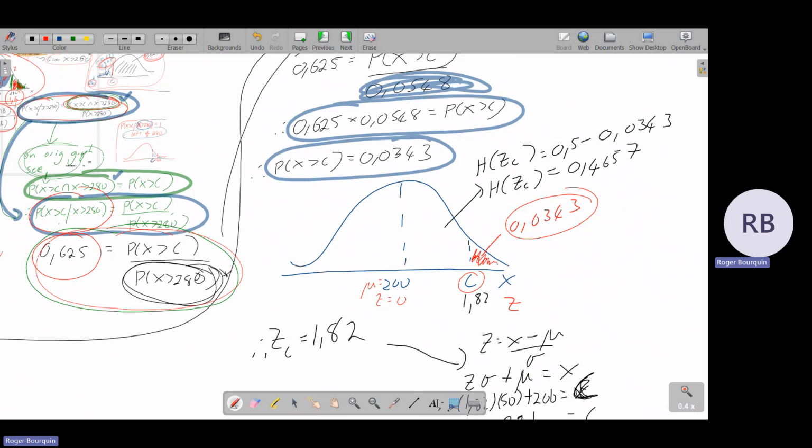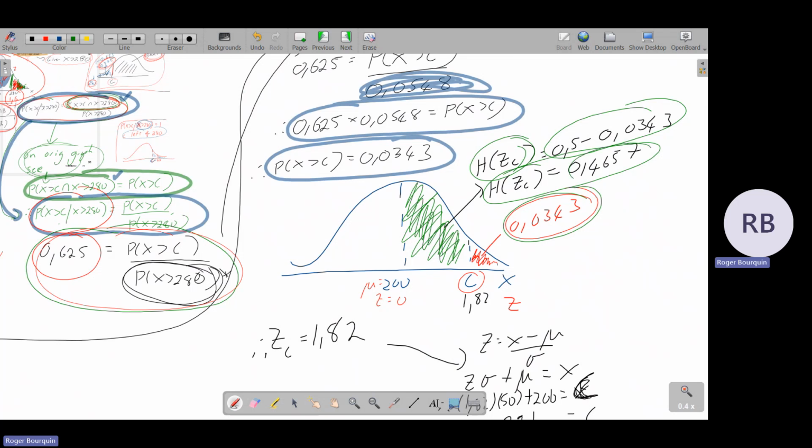If I go to the table, it is going to give me this area in green over here. So the area h of zc is going to be equal to 0,5 minus this 0,0343. So h of the z value of c is 0,4657. So that's this area in green over here.